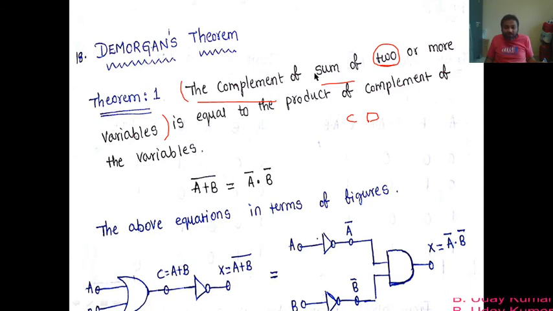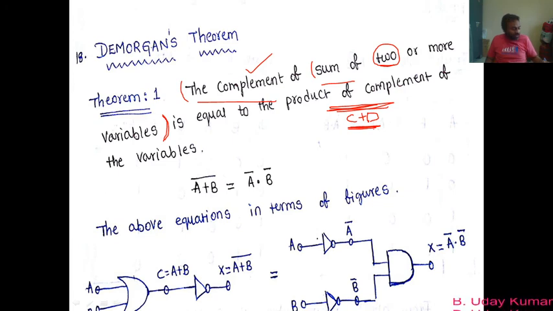The sum of two or more variables means what? Sum is nothing but plus, right? So this becomes sum of two variables. So this statement is converted into mathematical form. C plus D is nothing but the sum of two variables. The complement means the bar. So that you have to understand.